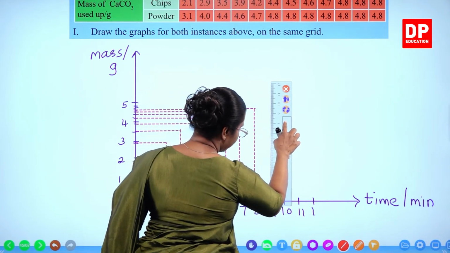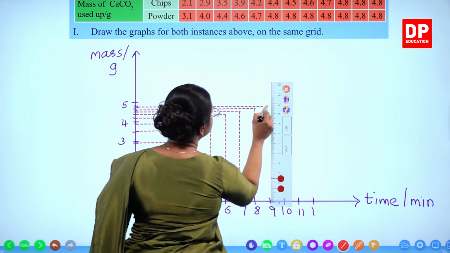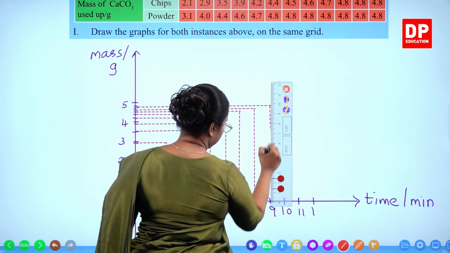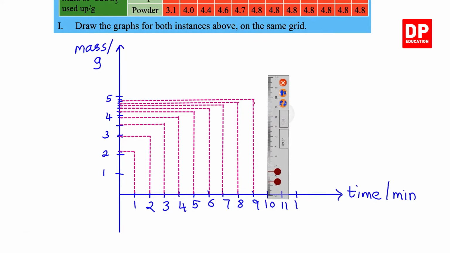Then 9 minutes, 4.7. Here you can see. And then 10 minutes, it's going to be 4.8. That's going to continue.